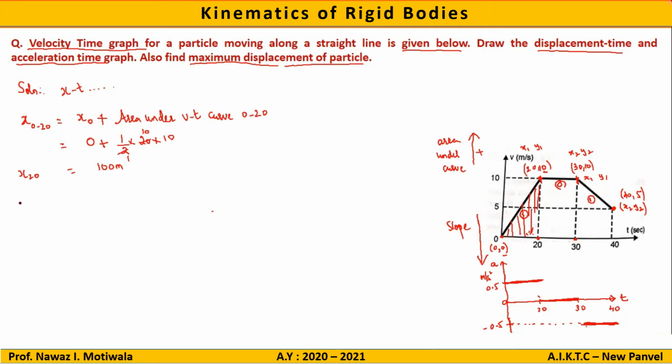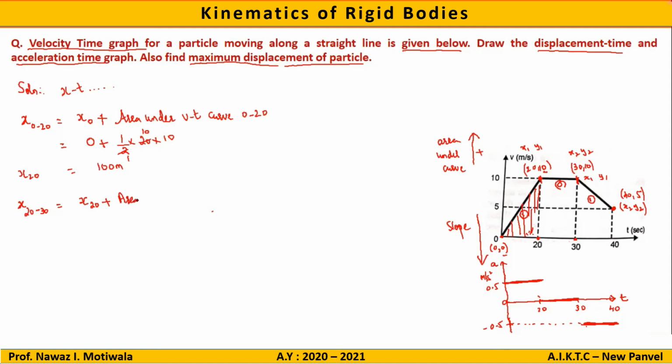Now the next part. The next part is displacement from 20 to 30. So what will I write here? Now my initial displacement should be x20 because this particle has already moved this distance of 100 meters. So this should be added in the next part.